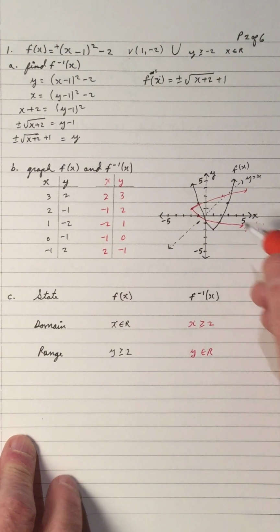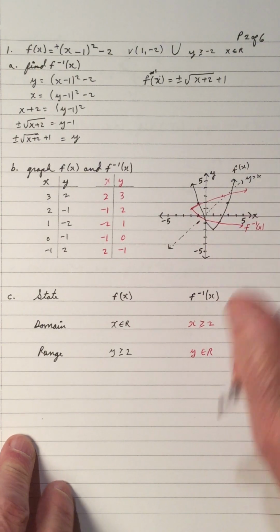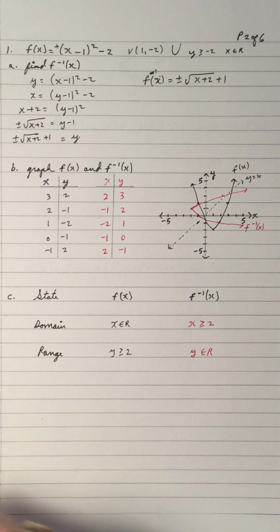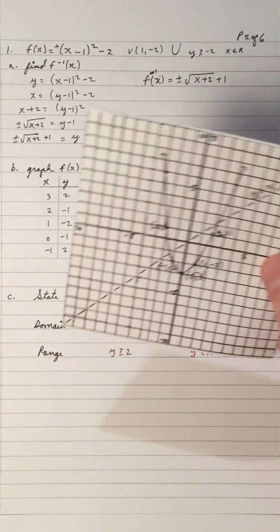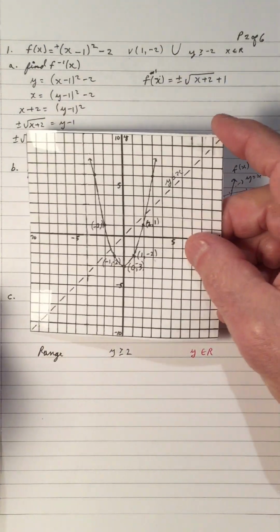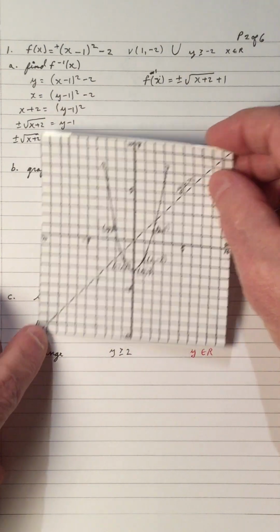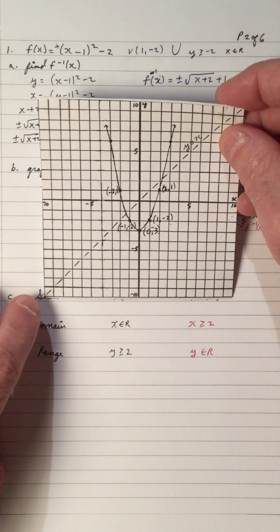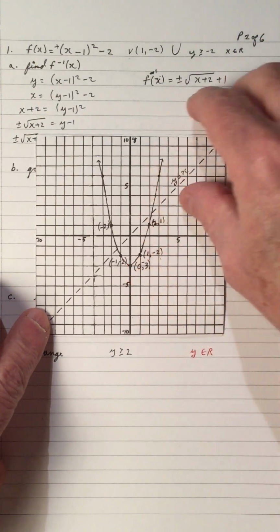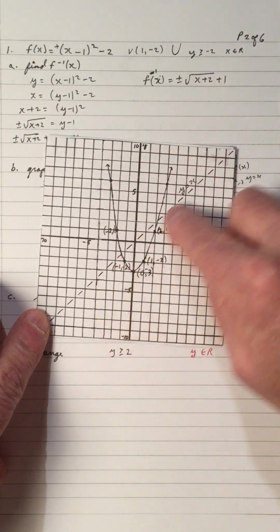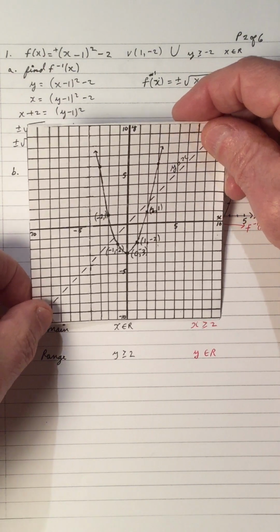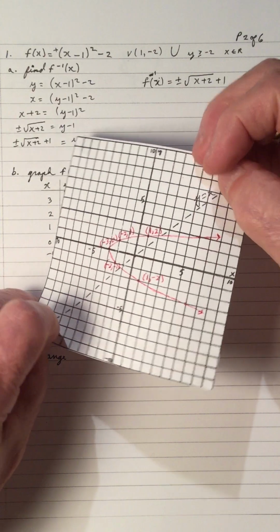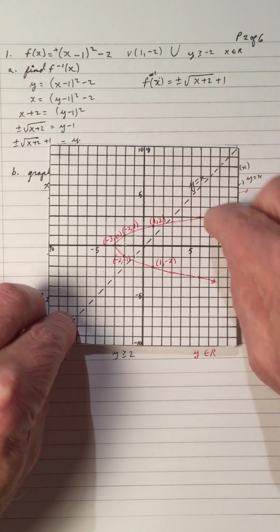Again, notice that this is going up, and I'll do that reflection for you just to show you what I did before. We had a previous grid. This is not exactly the same as this one, but notice it's going up. So when I reflect in the line y equals x, which is right here, I flip it over, and I put it down, and there's the inverse right there.